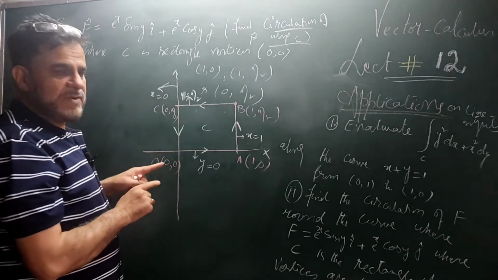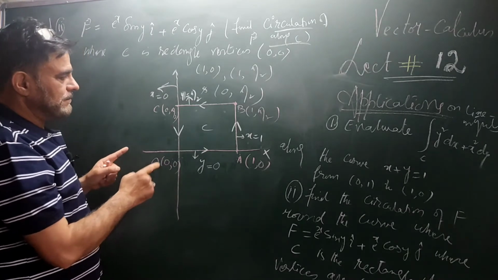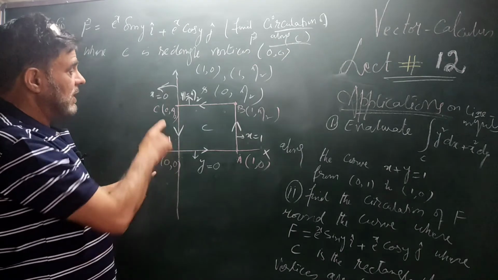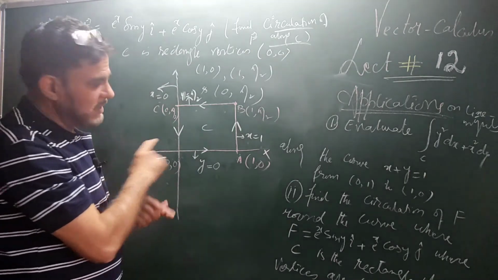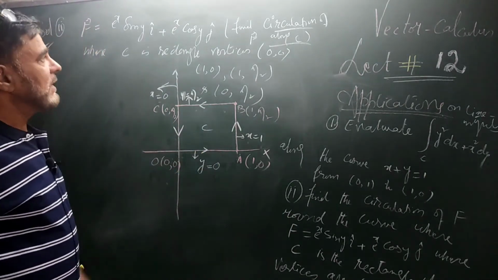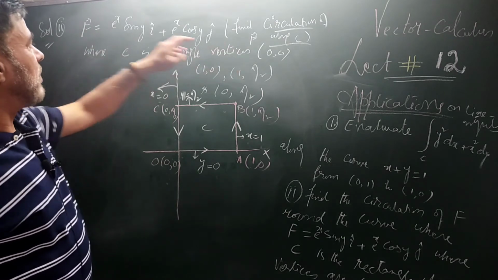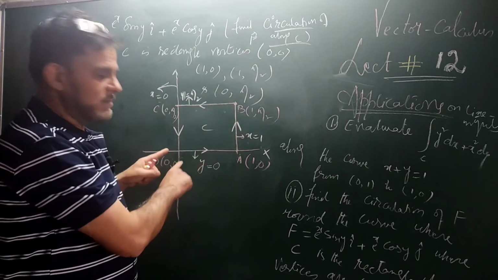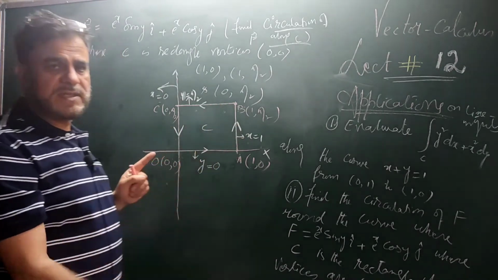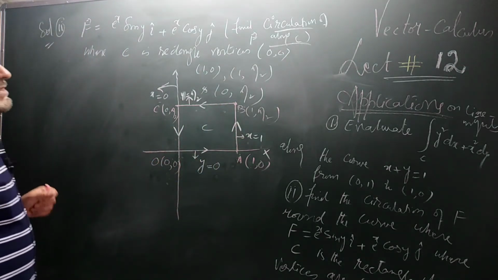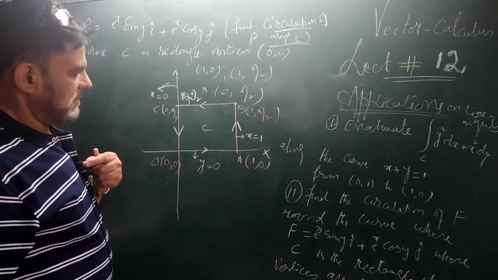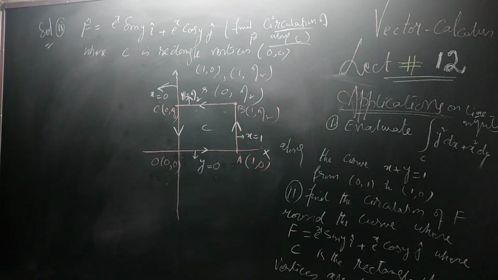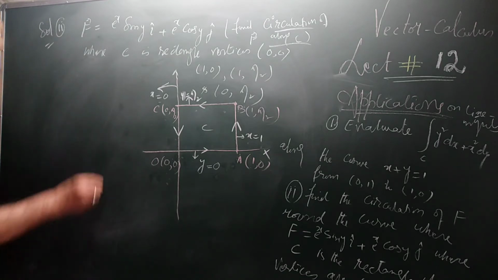And along CO I have x equal to 0. Accordingly we find the circulation of this given force along the rectangle, which is bounded by these curves O, A, B, C, when the vertices are given. I will next give you one more question on how to solve such questions.